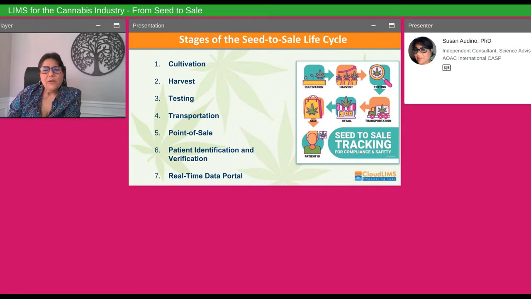So let's start off with, what are the stages of the seed to sale life cycle? Obviously, I think it begins with cultivation, and then we are harvesting, and then we are testing that. And of course, transportation. And transportation actually happens in a couple of places here. In many states, it happens between harvest and testing.